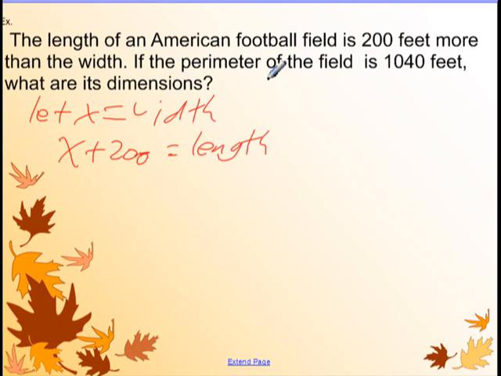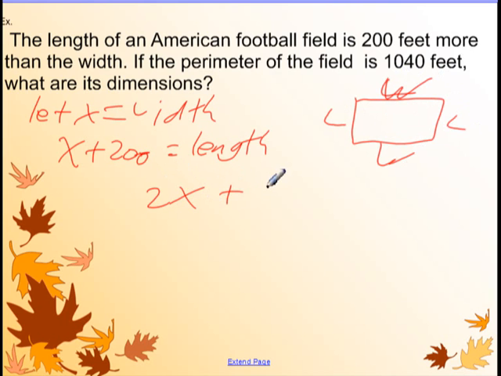And now I can think about perimeter. Perimeter is twice the length plus twice the width. So that's twice X plus twice X plus 200. So twice the length plus twice the width should equal 1,040. And there's my equation.